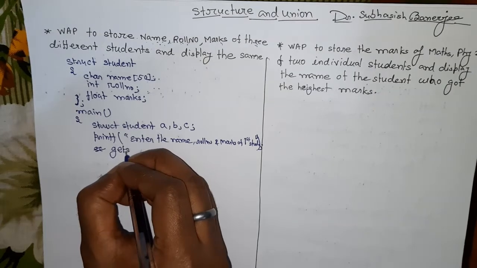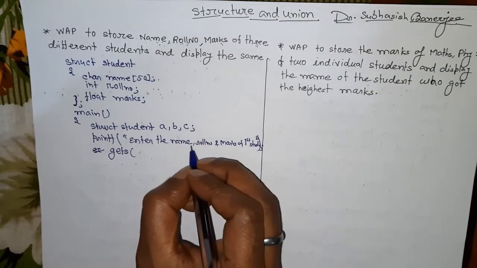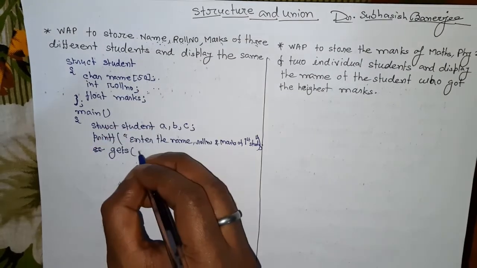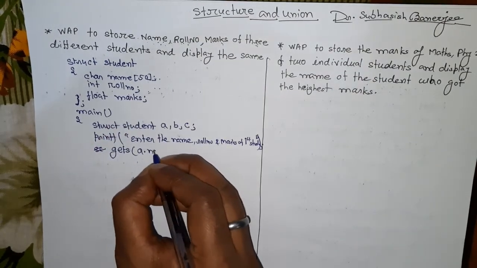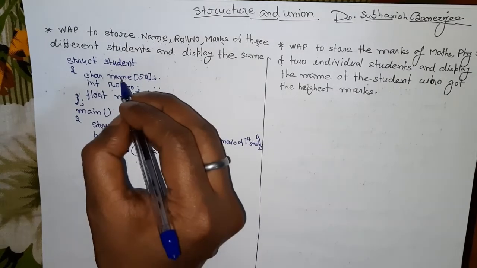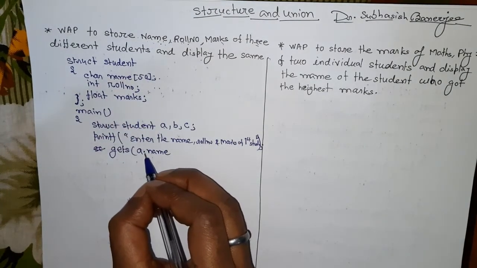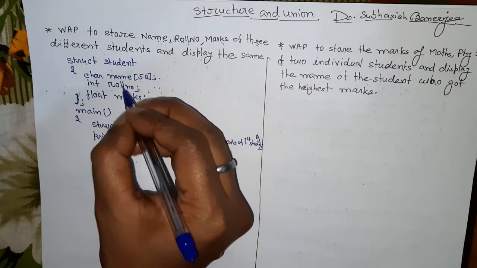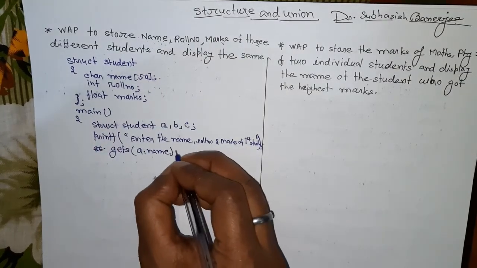So let's have gets about what? We have to store for A, the first student. So A of which variable? Name, so we specify A dot name. Whenever we want to access a member, we have to use this dot operator: variable A dot, and then which data member we want to access, name. So this is the name of the student.